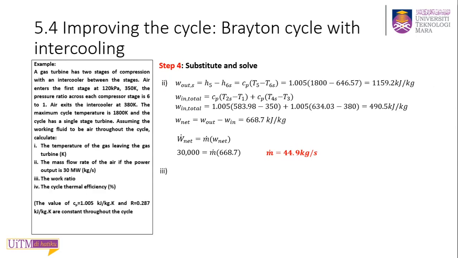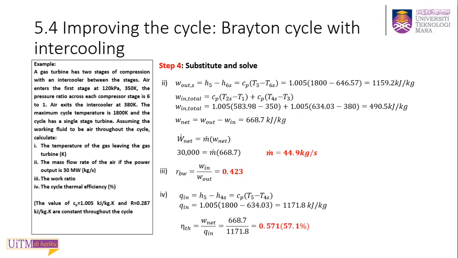For back work ratio, substitute the required values and solve for the item. Finally, for thermal efficiency, calculate the amount of heat added first inside the heat exchanger and then solve for thermal efficiency by substituting the required values. Remember to multiply the answer with 100% to get the answer in units percentage.